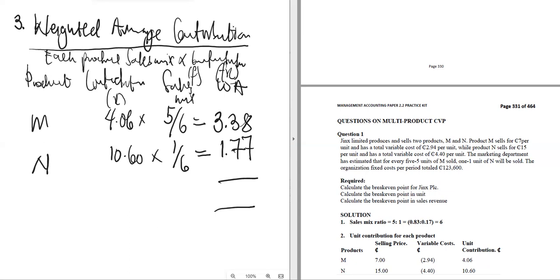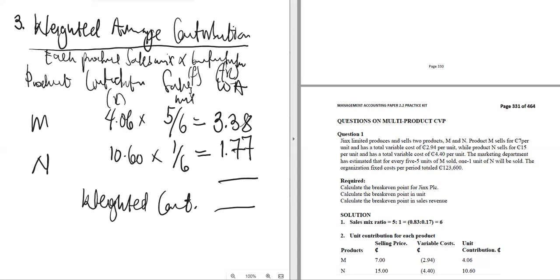Now if we put this together, this gives us the weighted average contribution, which is 3.38 plus 1.77. I think it's 1.67 rather, for 10.6 by 1 over 6.